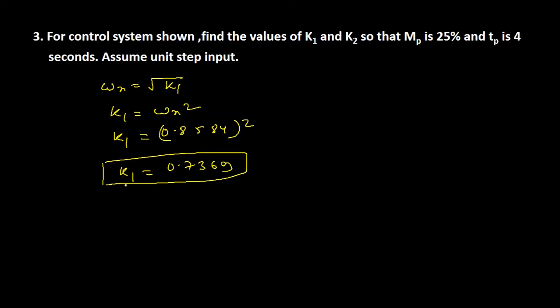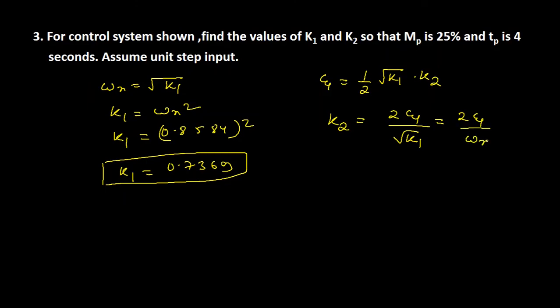Now we will find K2. For this we will take equation number B. According to equation number B, zeta is equal to half into under root K1 into K2. From this equation, K2 is equal to 2 zeta divided by under root K1. Under root K1 is omega n. So this will be equal to 2 zeta upon omega n.